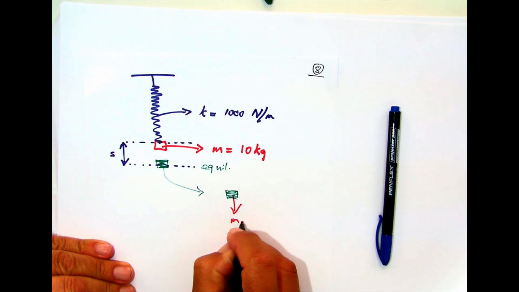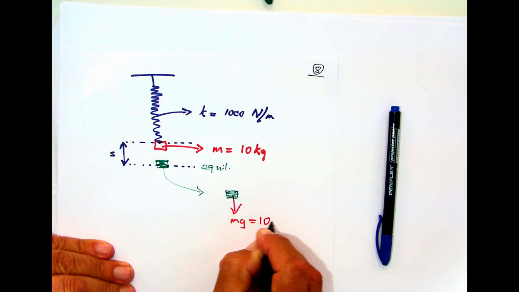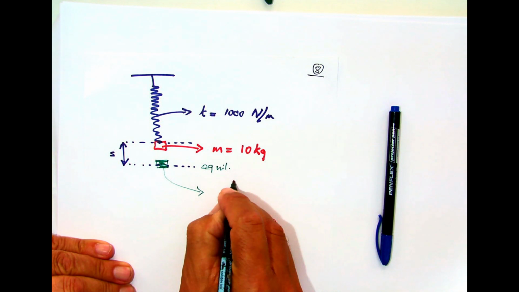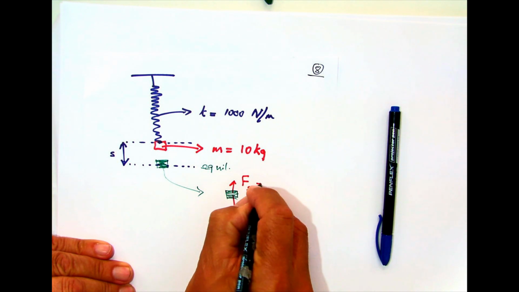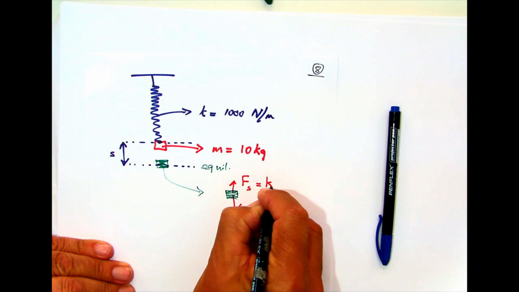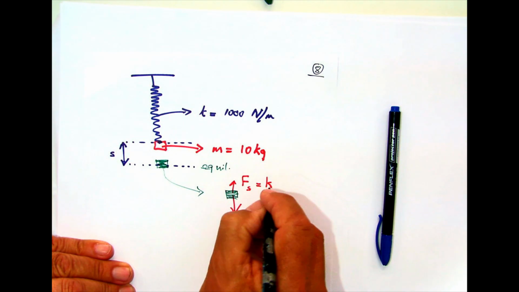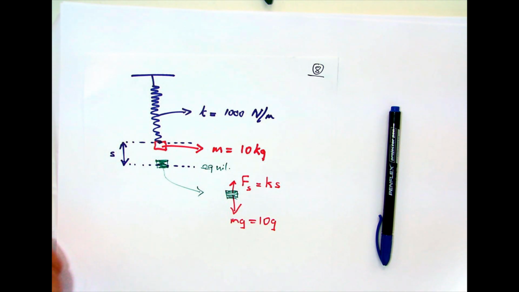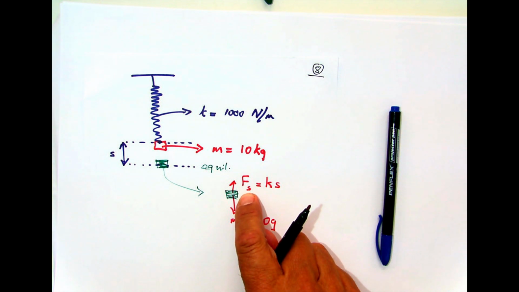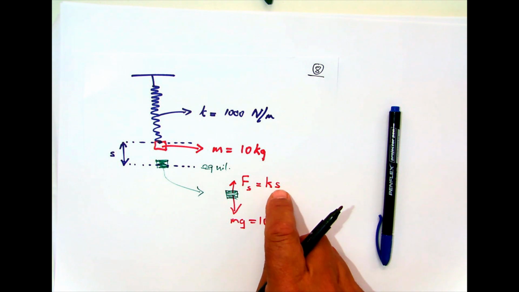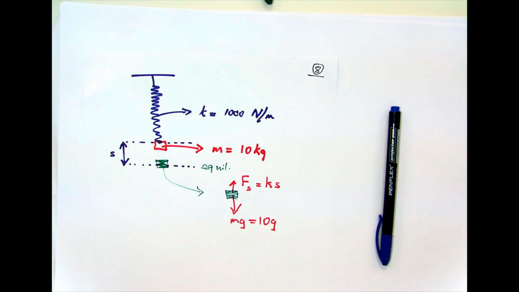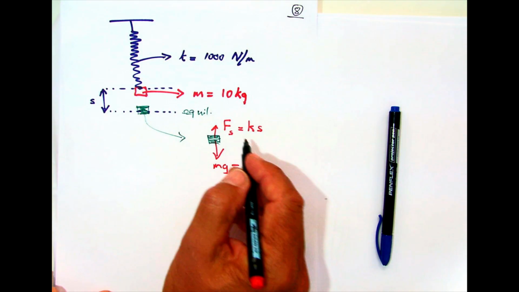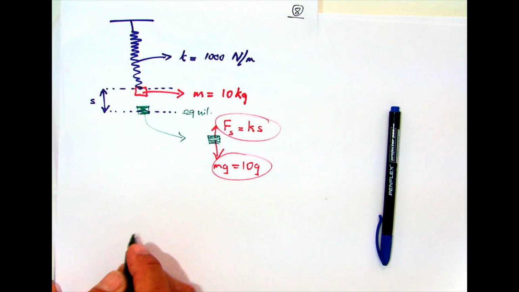Your forces are mg, or 10g. And the other force is the force in the spring, which is the spring constant times this distance s. That's all. Hooke's law says the force in a spring is the spring constant times this extension or elongation. So it's in equilibrium, so that one should equal this one.